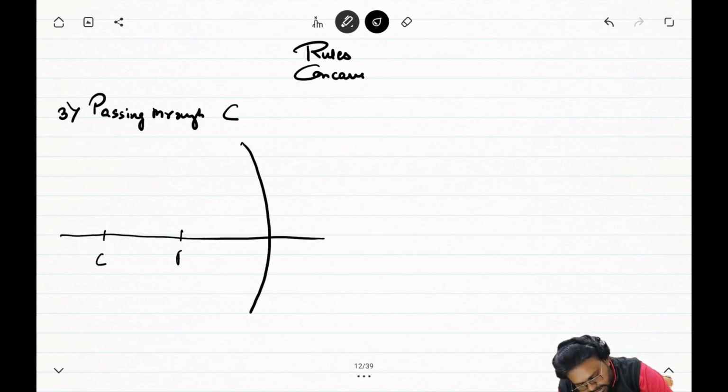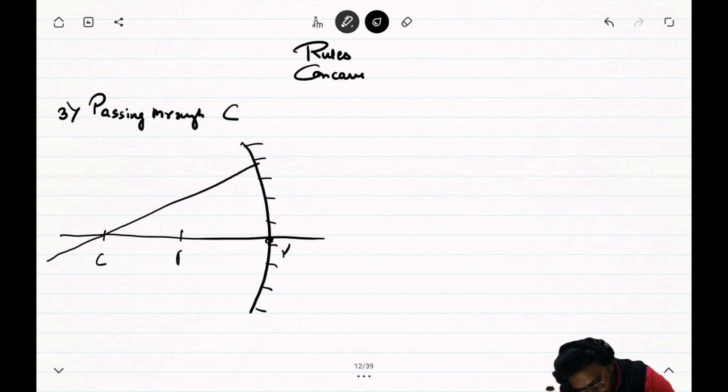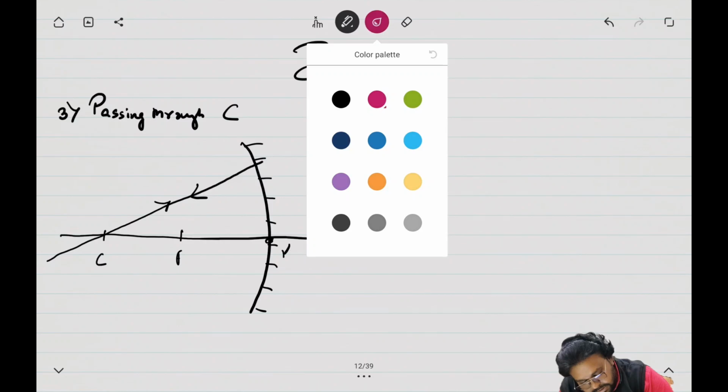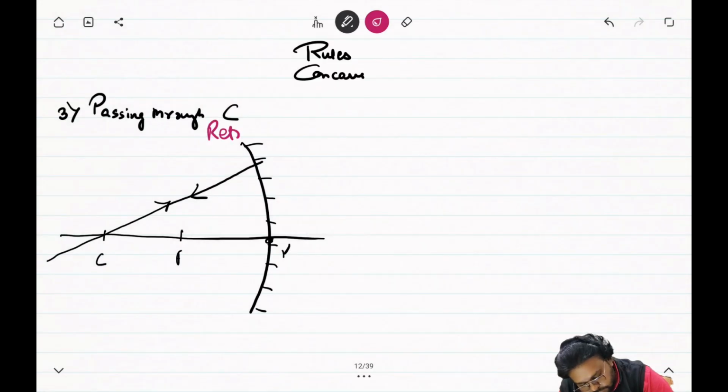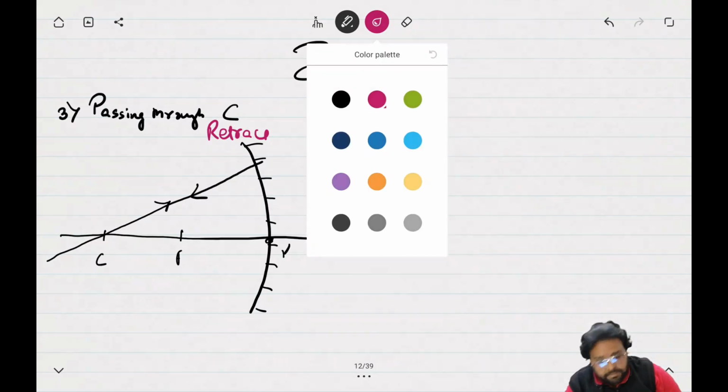Any line passing through C on the mirror will fall normally. So angle of I equals angle of R, that means 0 degrees. It will retrace the path. So if any light ray passes through the center of curvature, it will retrace the path.